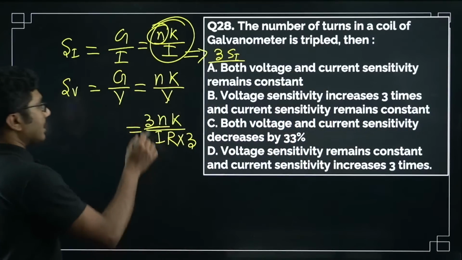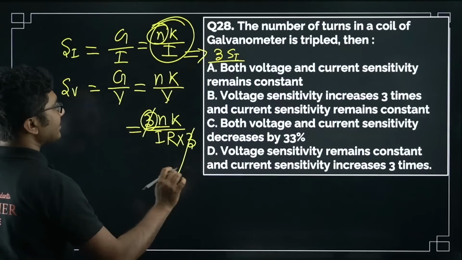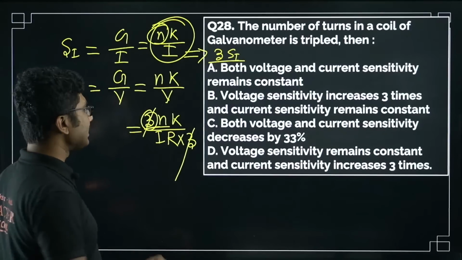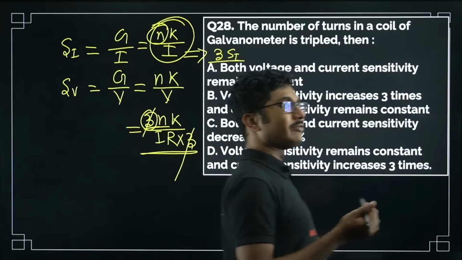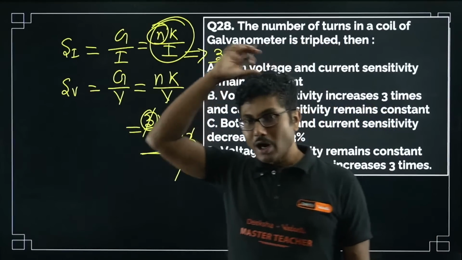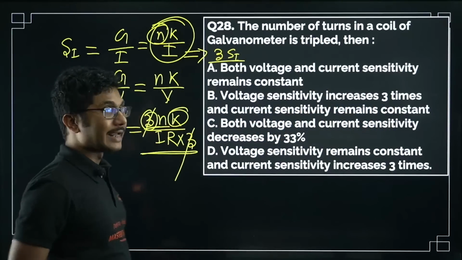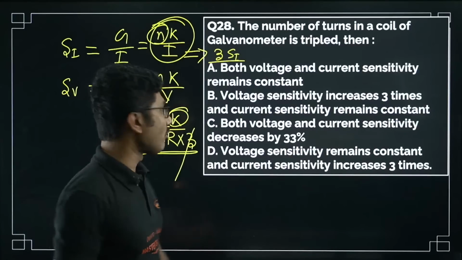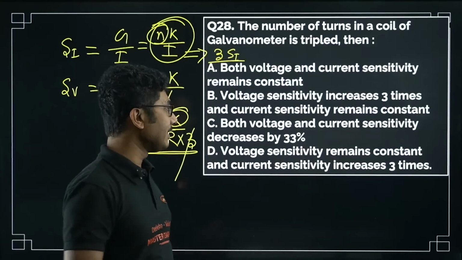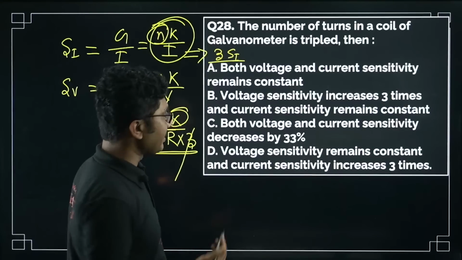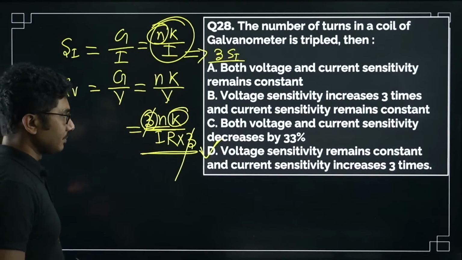So increasing the number of turns by any number of times will not change the voltage sensitivity. Voltage sensitivity will always remain the same, because voltage always involves I into R. You can change other quantities involved in K to increase voltage sensitivity, but not the number of turns. Number of turns increases current sensitivity, but voltage sensitivity remains constant. So option D is correct for this given question.